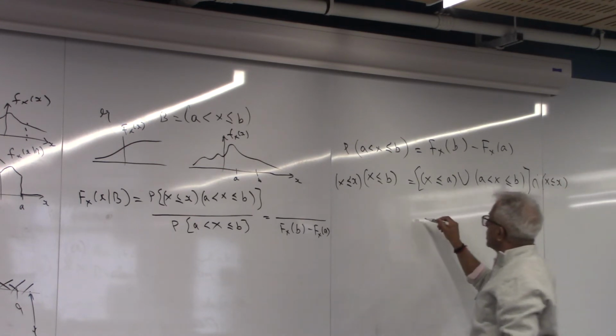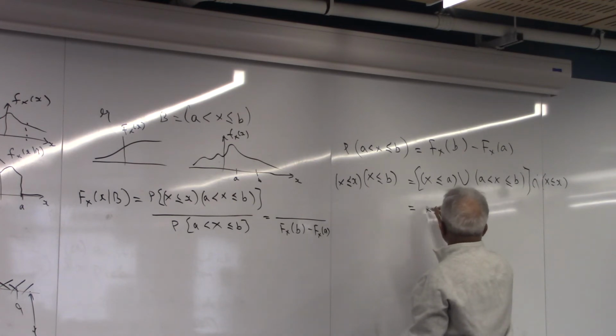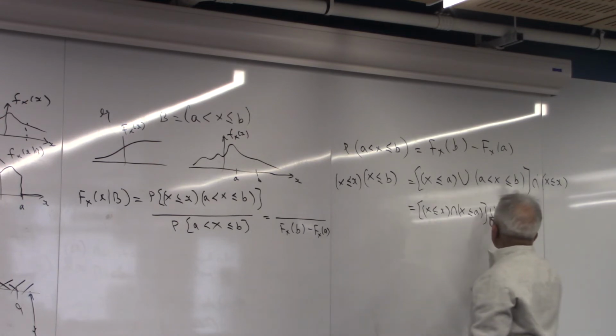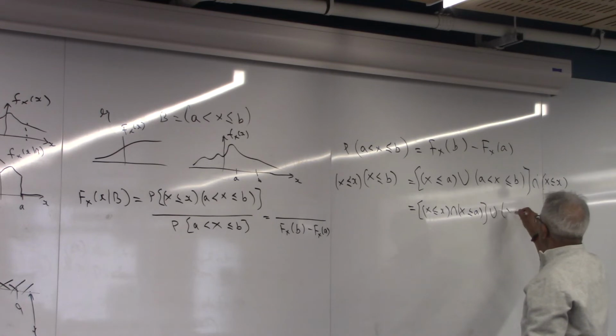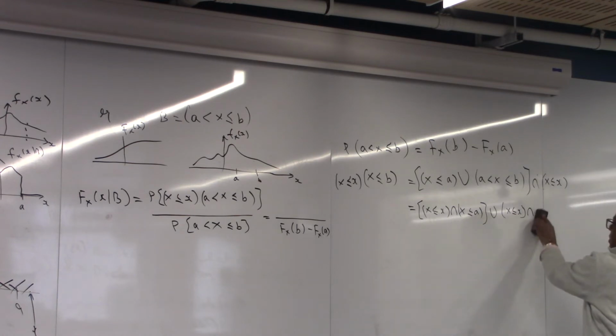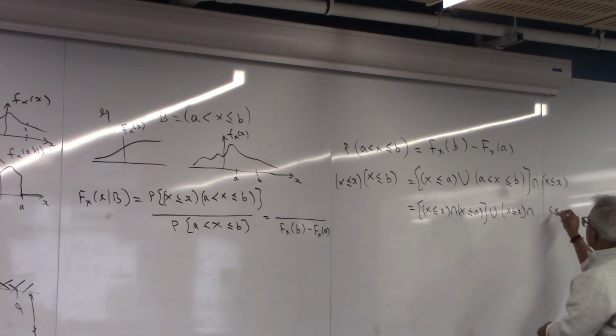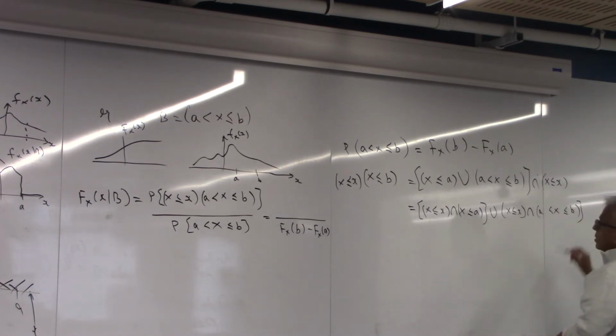If I expand, this now reads: X less than or equal to x intersection with X less than or equal to a, the whole thing union with X less than or equal to x intersection with X greater than a and less than or equal to b. So this identity is true.